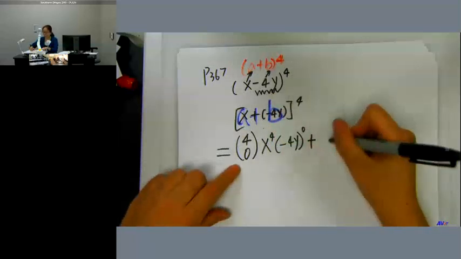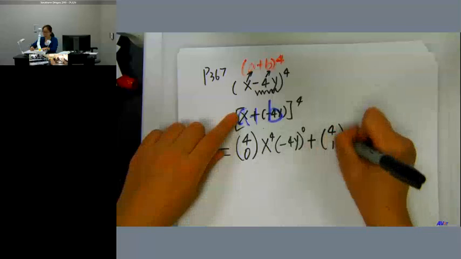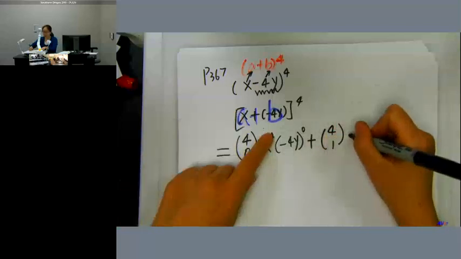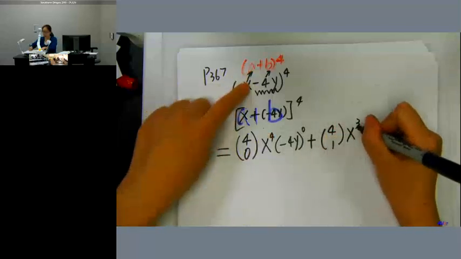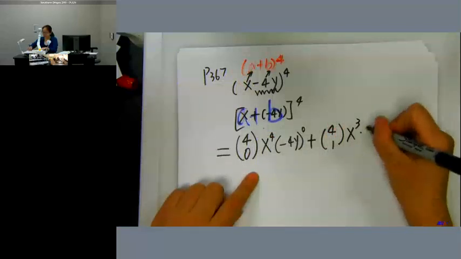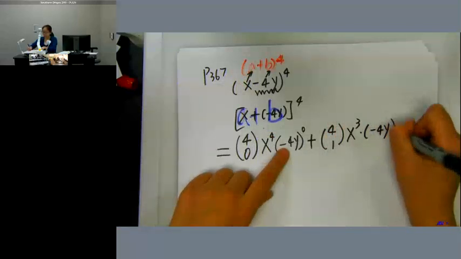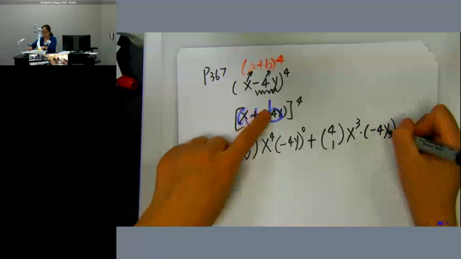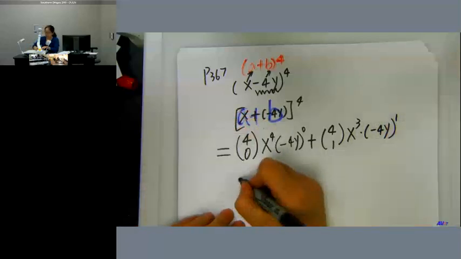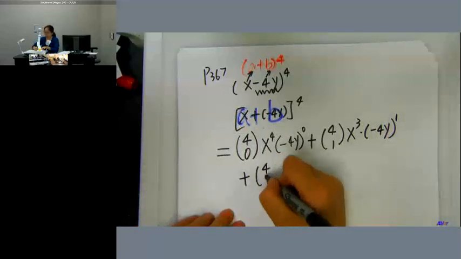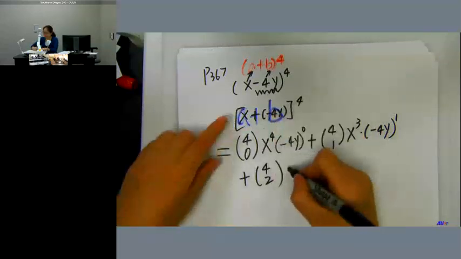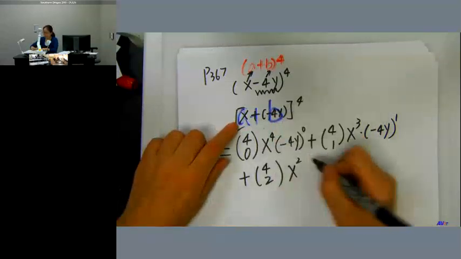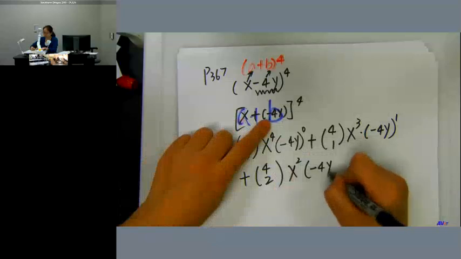Now, next step, we're going to choose 4 choose 1, and choose 3 copies of a, that's x here, times 1 copy of b, which is negative 4y. And now we choose 2 copies of b, which means 2 copies of a, that's x squared, times (negative 4y) squared.